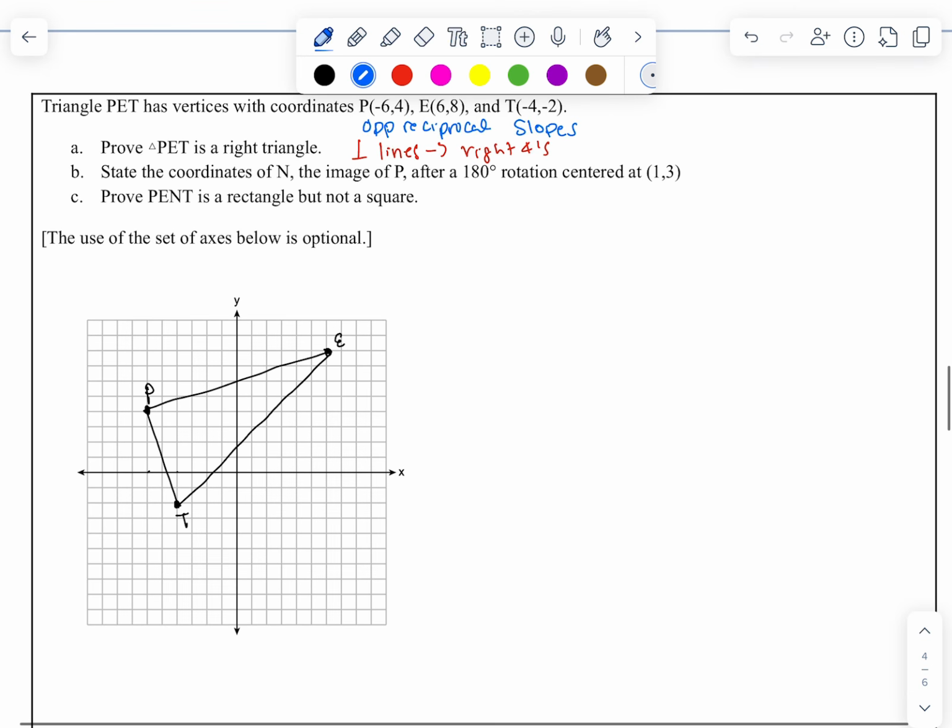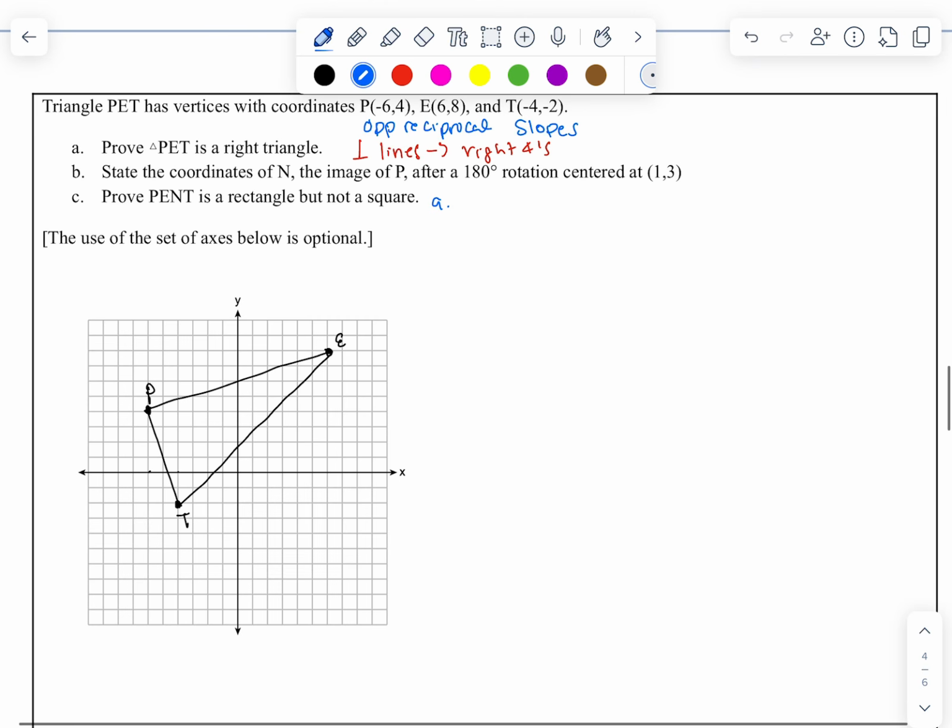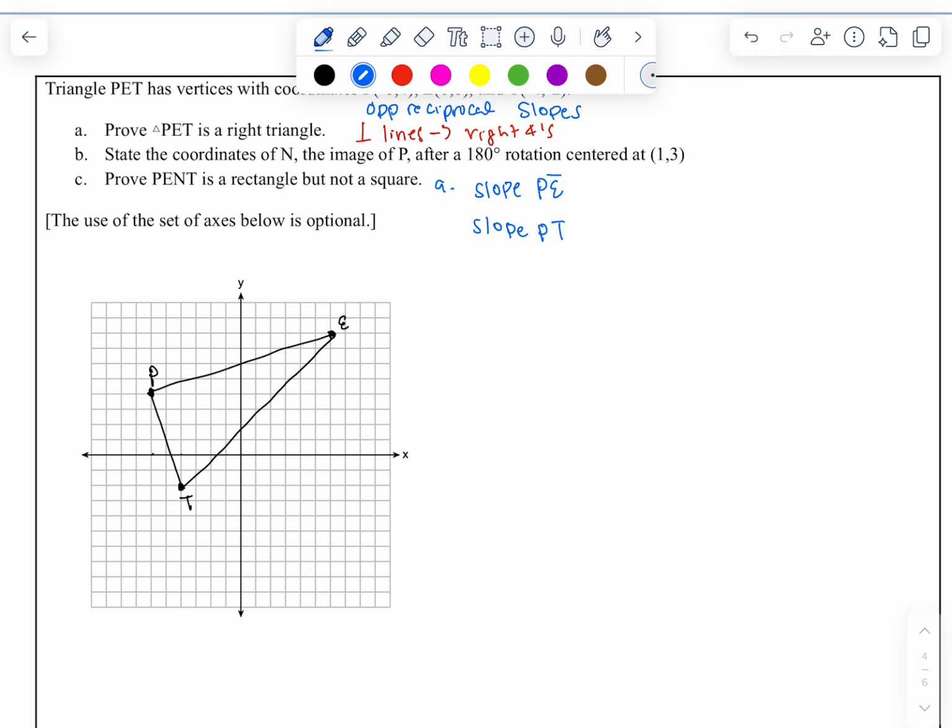So this is going to require a slope formula. So I'm going to write small and I'm going to put part A over here. So I can kind of see that angle P is where the right angle is going to be at. So I'm going to find the slope of PE. Let me write slope of PE. And I'm going to find the slope of PT. And I think that should be enough to show the right angle.